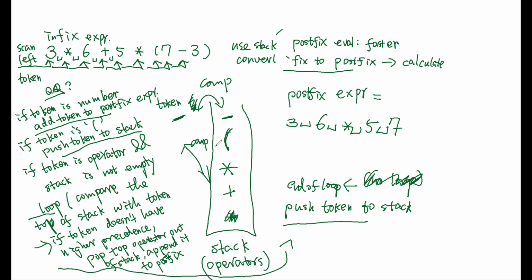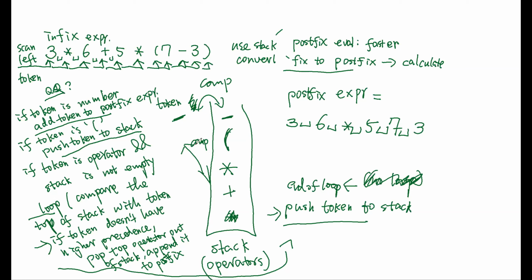But in this case, the top is not an operator, so you just push it to stack. So you directly run to this step in your algorithm. Next is 3. 3 is a number, so I add it to postfix.